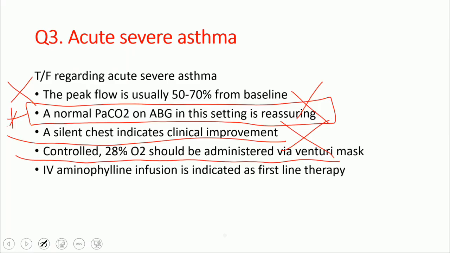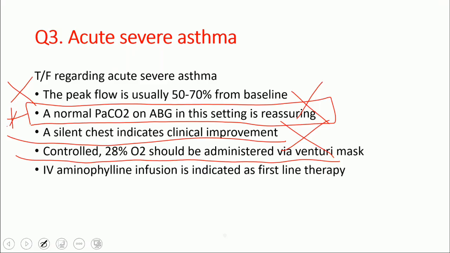The reason for not using this, which is important as an MCQ point, is that the risk of toxicity with aminophylline is very high, and it can cause two things. Remember, hypokalemia is very common with aminophylline infusions, and arrhythmias. Arrhythmias are very, very common. So toxicity, arrhythmias, those are very common.